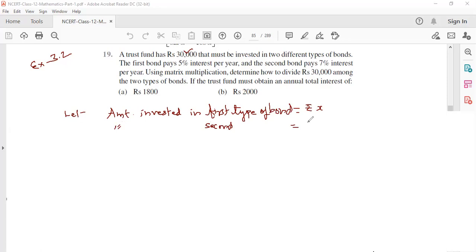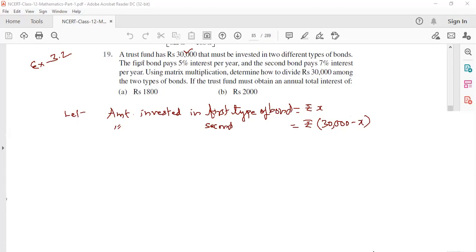How much is left? 30,000 minus X. So 30,000 minus X is invested in the second type of bond.